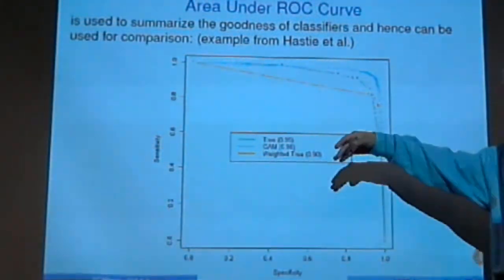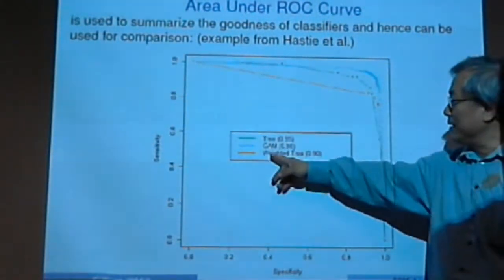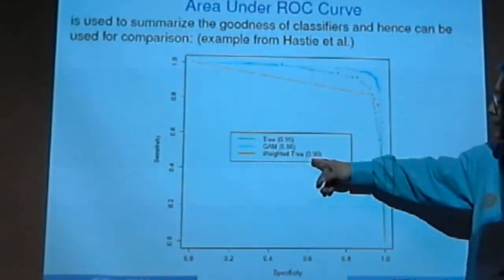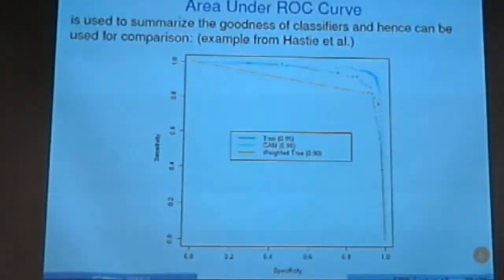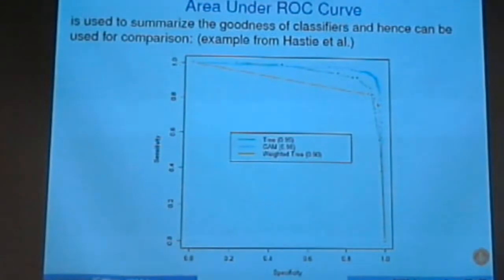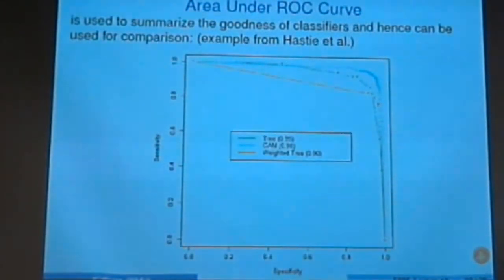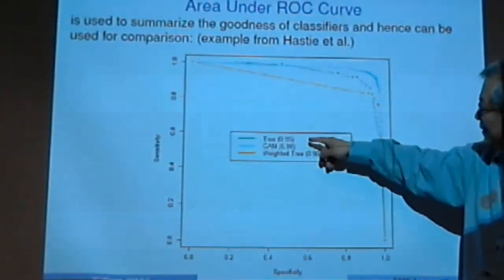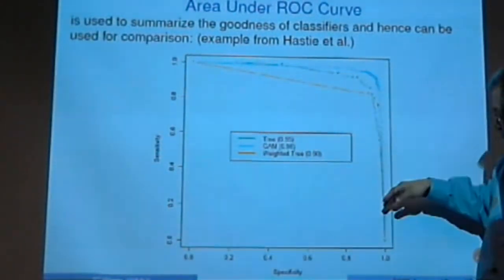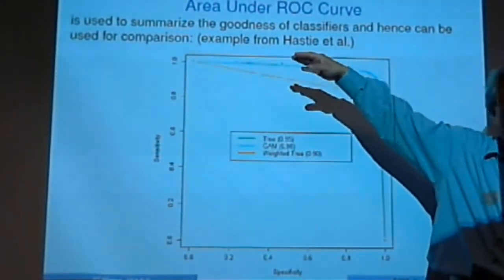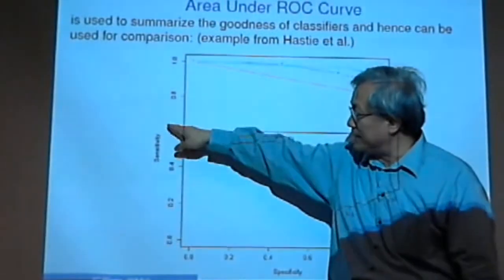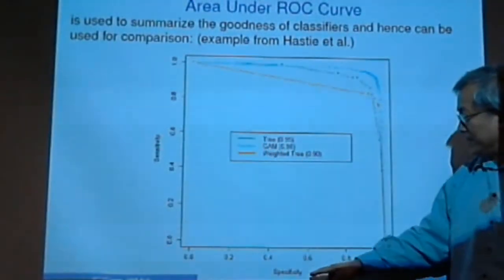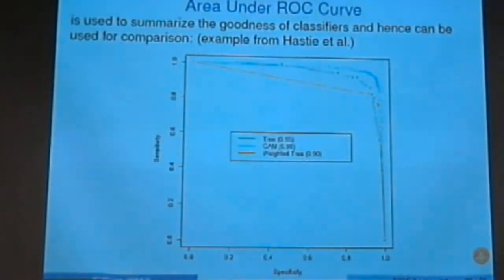Some kind of fitted model. And here, this is the weighted tree, a weighted tree model, weighted against the priors and costs as well. The numbers here give the area under the curve, where the curve is plotted by plotting sensitivity versus specificity.